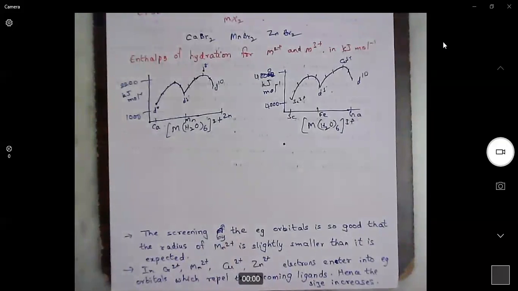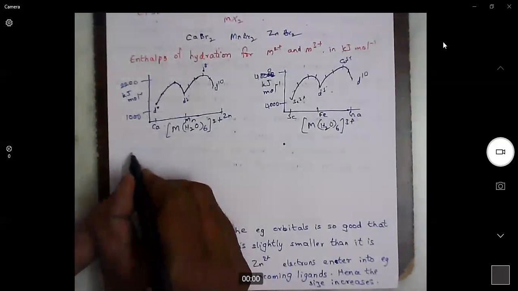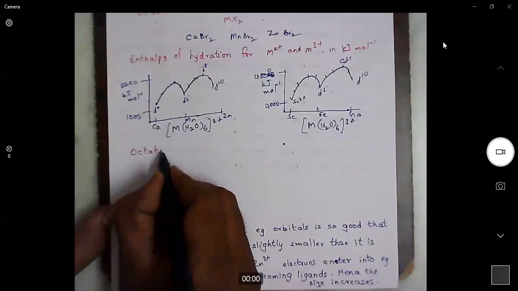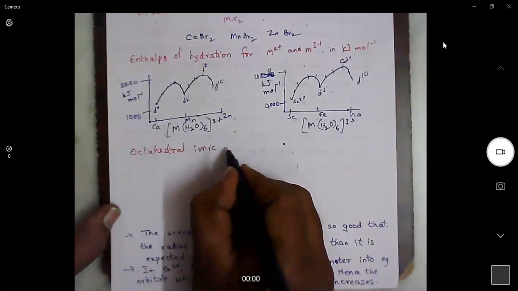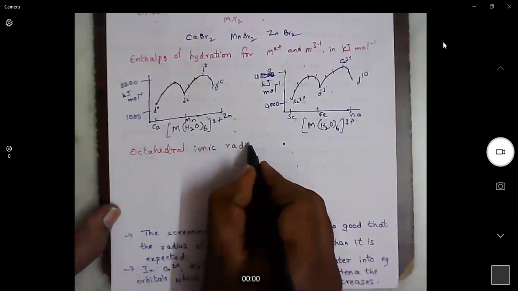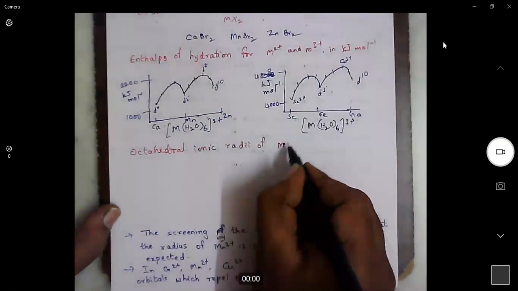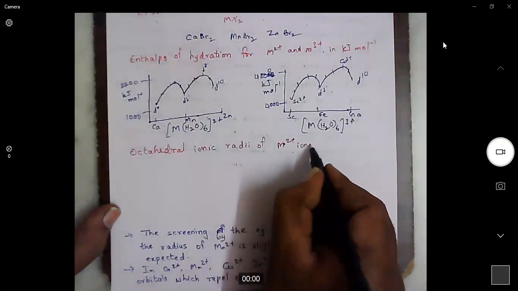Now we will also look at octahedral ionic radii of metal in 2 plus oxidation state.